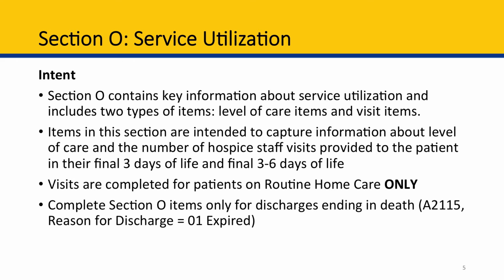Level of care is particularly important because visit items are completed for patients on routine home care only. Complete Section O items only for discharges ending in death, where A2115, reason for discharge, equals 01, expired.